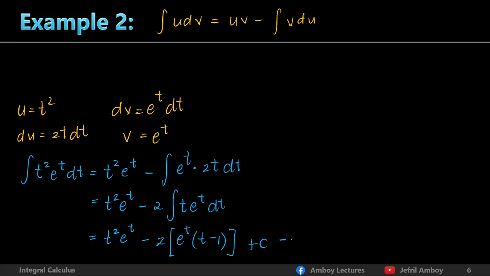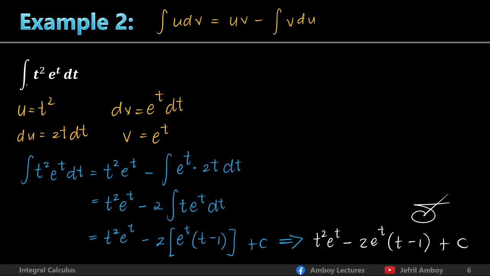Okay? So, i-rewrite natin to ngayon para ang final answer ay maging t squared e raised to t minus, multiply mo lang naman ang buong to, di ba? 2 times e raised to t multiplied by t minus 1 plus the constant of integration. That's it. Ganun lang kasimple. So, ayan. The integral of t squared e raised to t dt is equal to this expression.